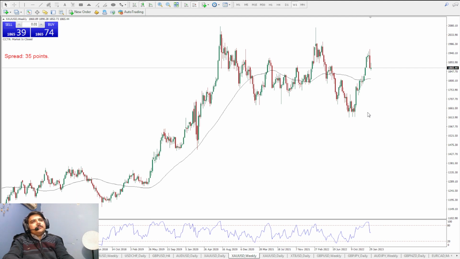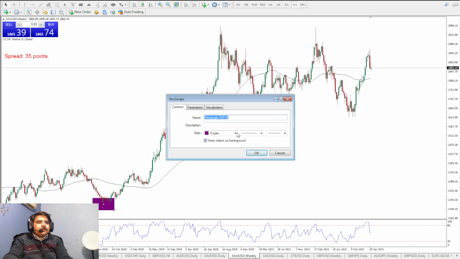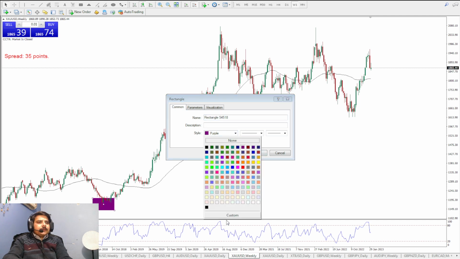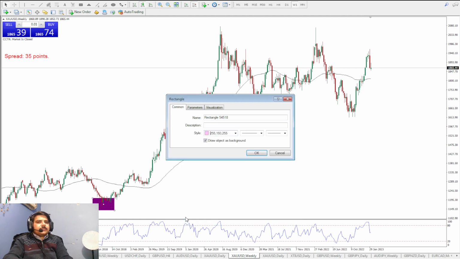In front of me, it is at the moment having this low. I'm looking at it. Let me change the color of it a little bit. I will be picking some light colors so that it's not too disturbing.